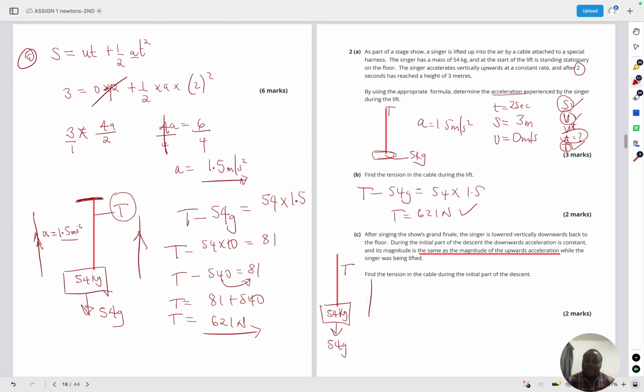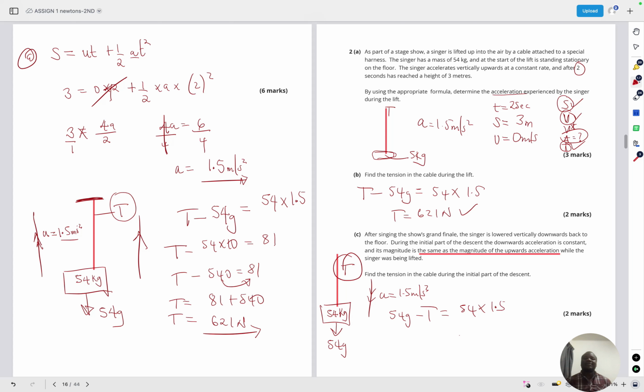But this person is coming down with the same acceleration of 1.5 meters per second squared, because that's what the question says. So here they are just testing our understanding. They now want us to find T. So 54g minus T should be equal to the mass, 54, times the acceleration of 1.5.